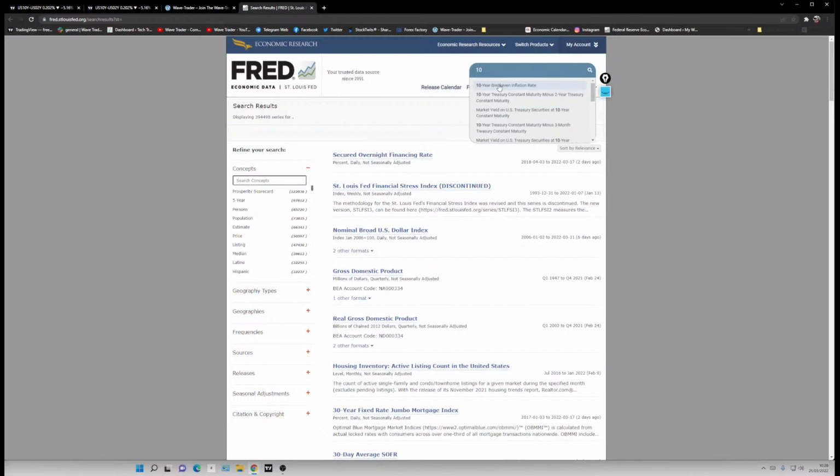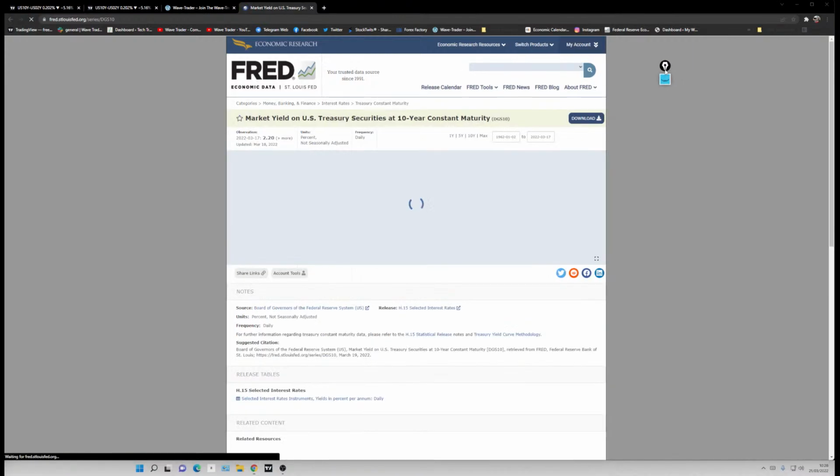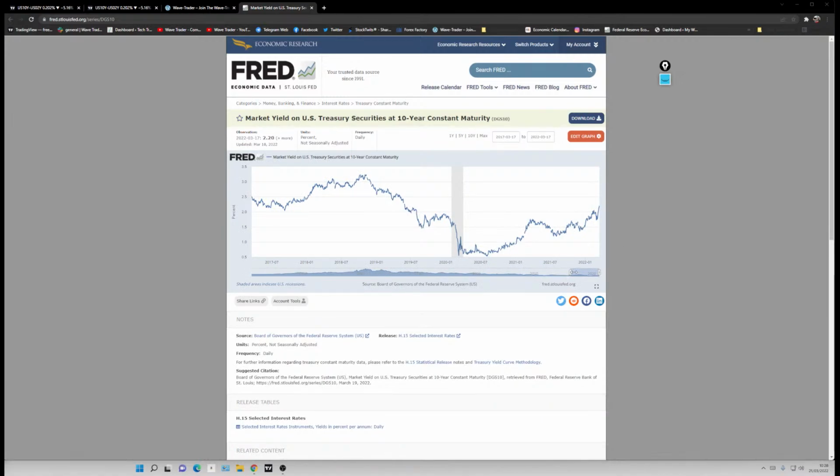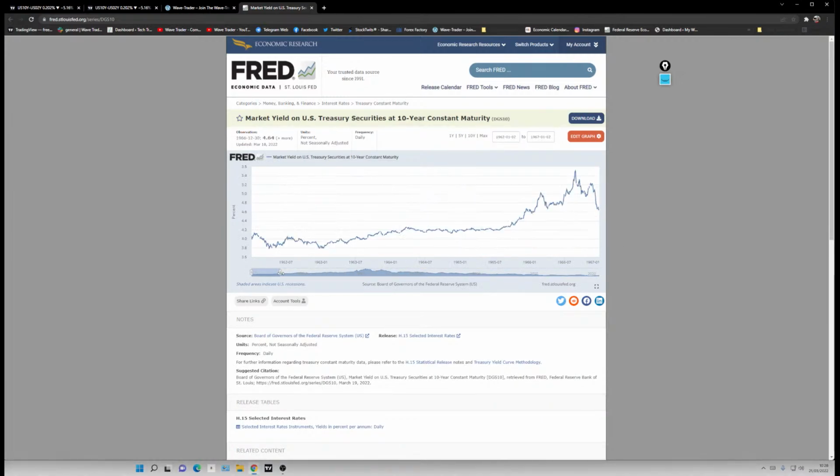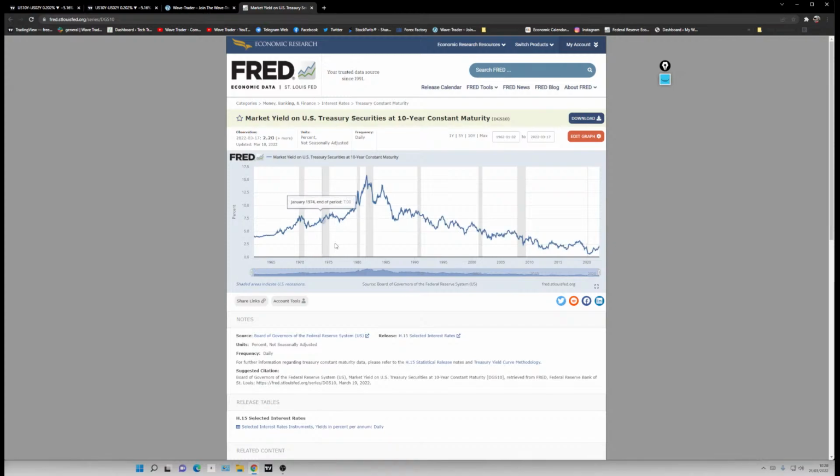If I look at the 10-year yield and go back to the historical data, this is where we have seen the historical interest rates in the US.